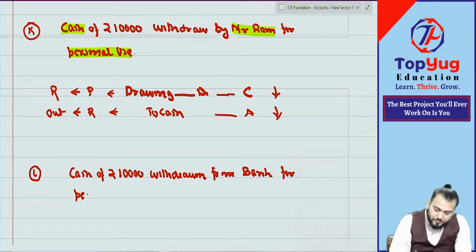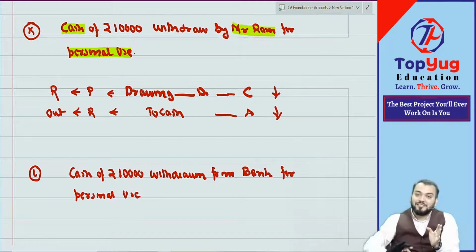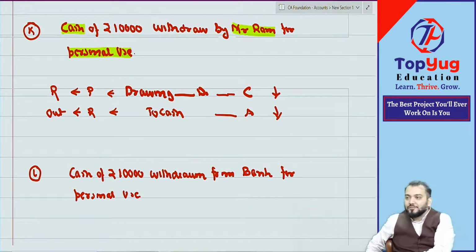Understood? Cash of rupees 10,000 withdrawn from bank for personal use.